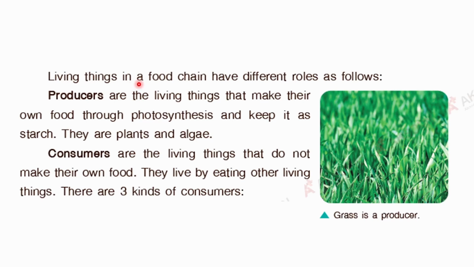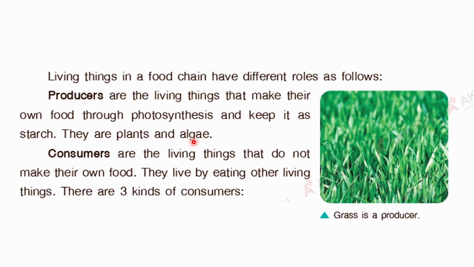Living things in a food chain have different roles, as follows. Producers are the living things that make their own food through photosynthesis and keep it as starch. They are plants and algae.